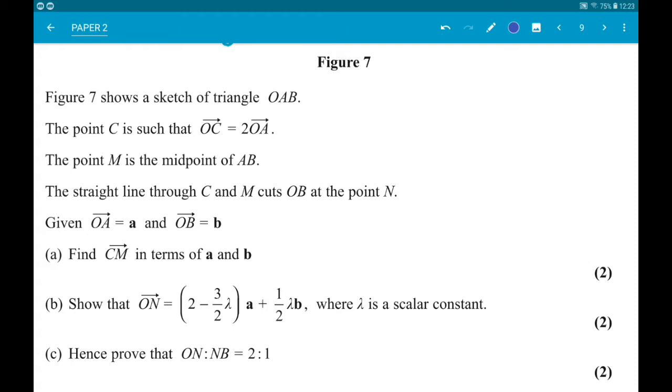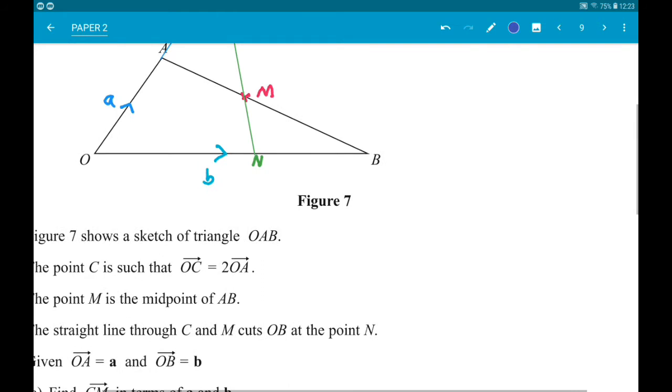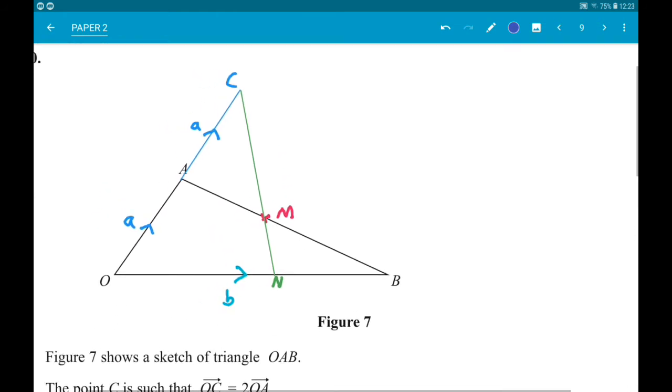Alright, so the first thing I would do is put all of the information on the diagram like this.